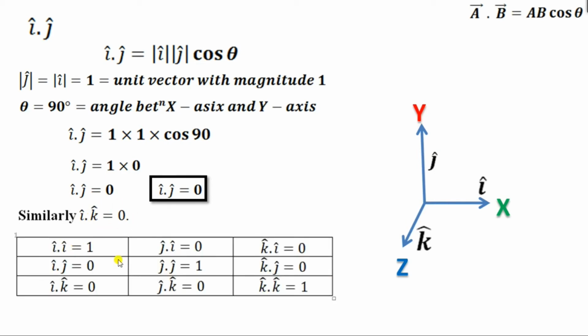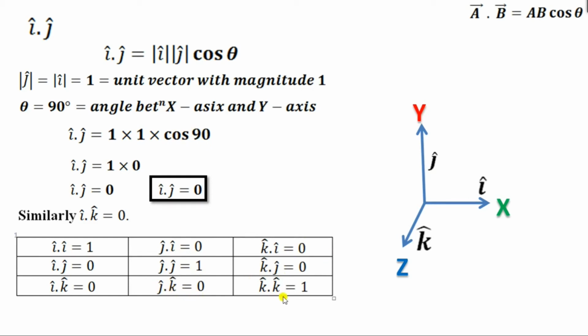If you consider I, j and k, we have proved that I dot I was 1. I dot j is 0, I dot k is 0. Again j dot I, the angle between them is 90 degree, so it will come as 0. For j dot j, there will be cos 0 degree, so I will get 1, and here also you will get 0.